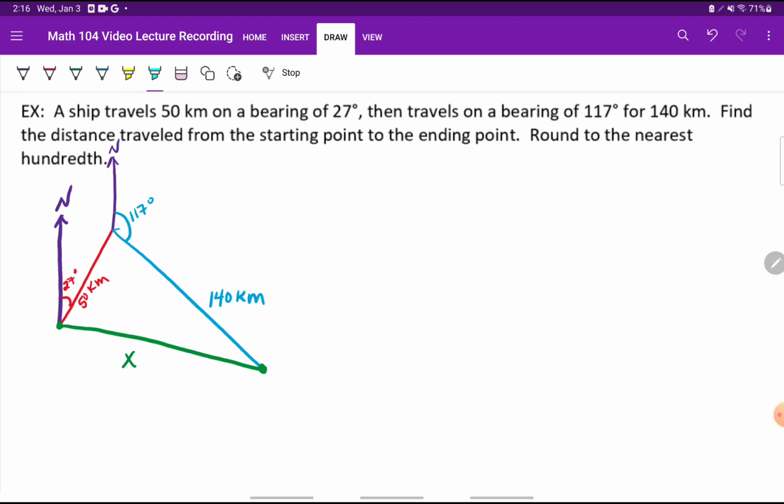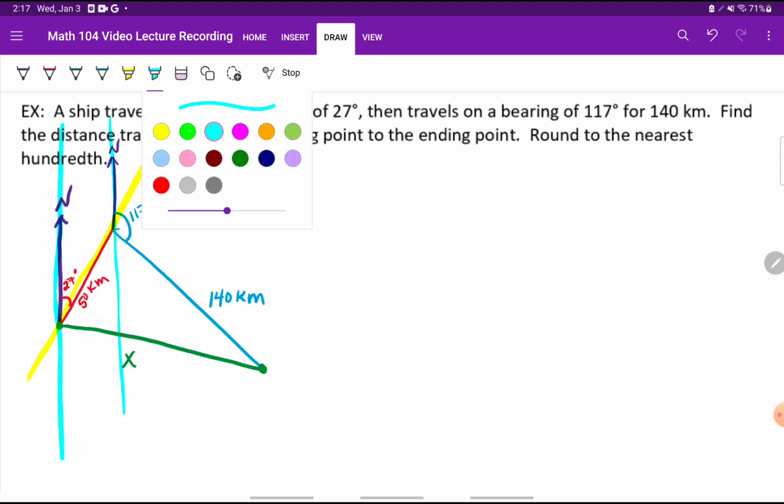We have these two due north lines, and I'm going to extend them. Because they're both due north lines, they're parallel lines. And if I look at this red line here, this is a transversal that's cutting those two parallel lines, and we know that alternate interior angles are congruent.